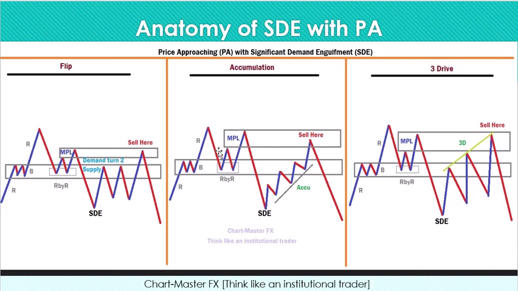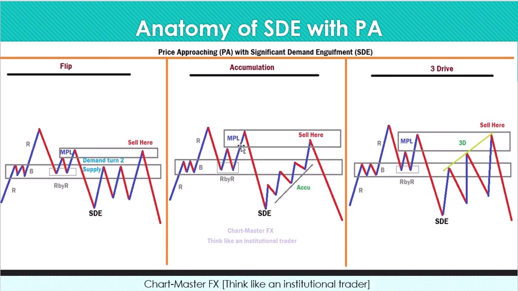Those who have watched the Quasimodo video, you know what I am talking about. So this is a QM level as well, because this low has been engulfed and the market came to create a lower low. So this is an MPL, or we can call it a QM level here.